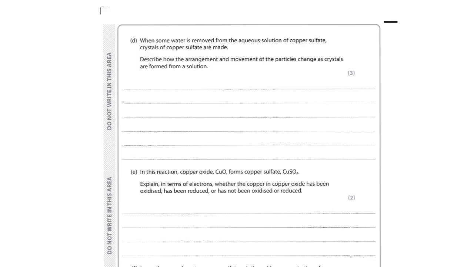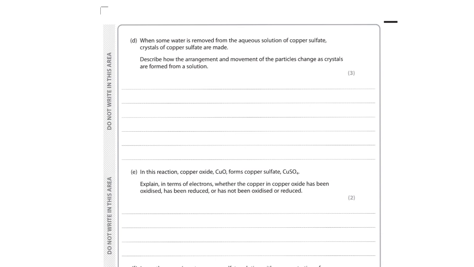Part D says, when water is removed from the aqueous solution of copper sulfate, crystals of copper sulfate are made. Describe how the arrangement and movement of particles changes as crystals are formed from the solution. Well, there were 4 potential marks you could get for this, and you needed to say 3 out of 4 of them to get the 3 marks.